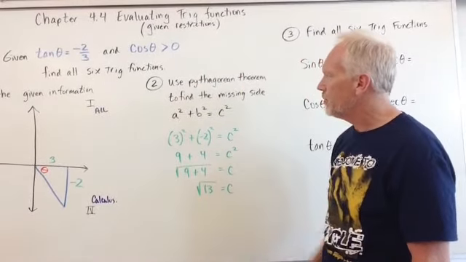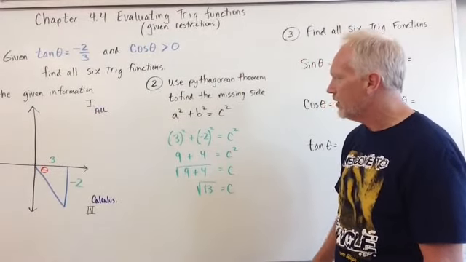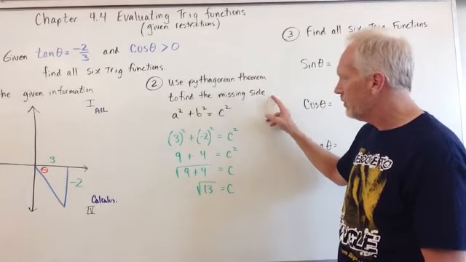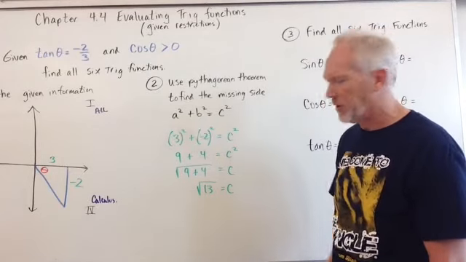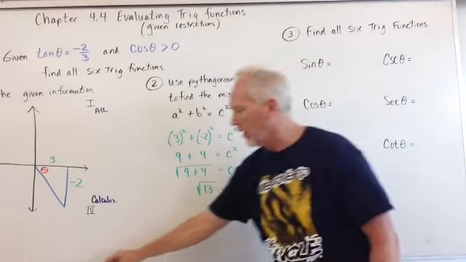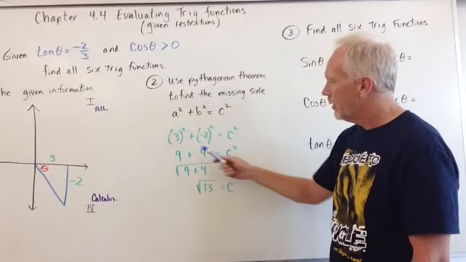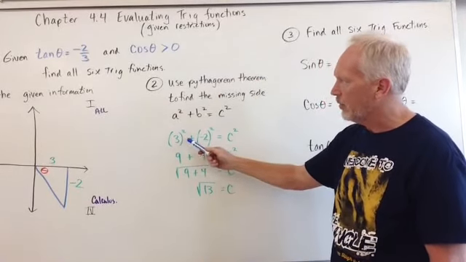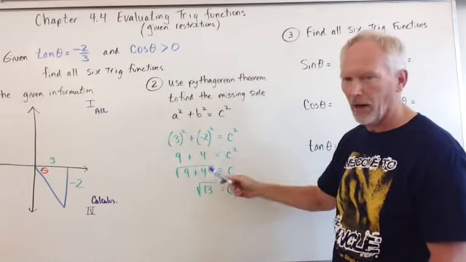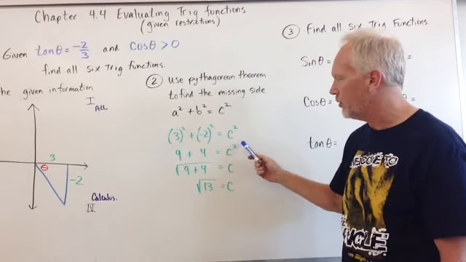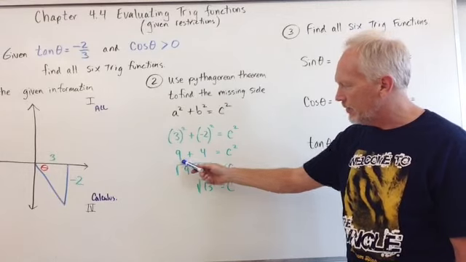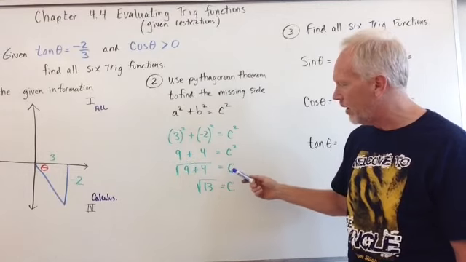So how do we do that? Well, step 2, use the Pythagorean theorem to find the missing side. A squared plus b squared is c squared, okay? So we have here 3 squared, that was one of the sides, plus negative 2 squared is equal to the hypotenuse, or c squared. That gives us 9 plus 4 is c squared.